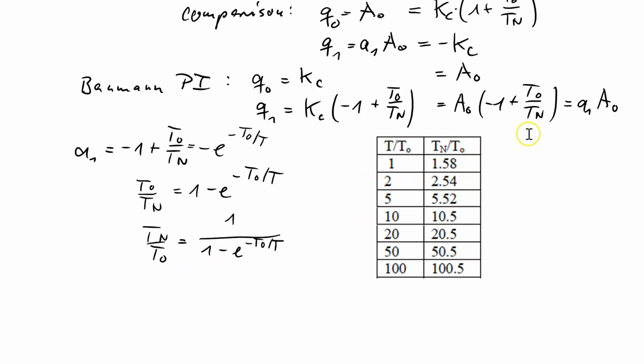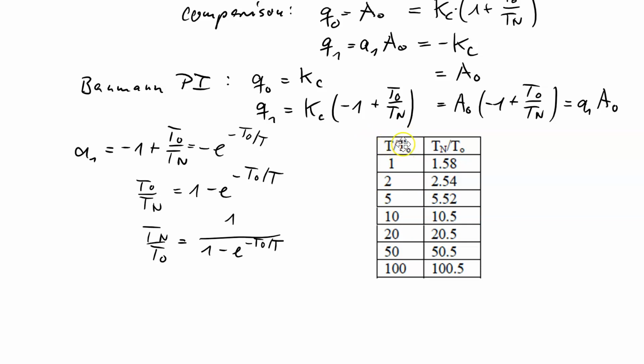I use now different values T over T sub O and write it down, from 1 to 100. And with this expression, I calculate now Tn over T sub O. And you see, if the ratio of time constant over sampling time is 1, here you get 1.58, but I think starting with 5 or 10, that is the normal ratio.